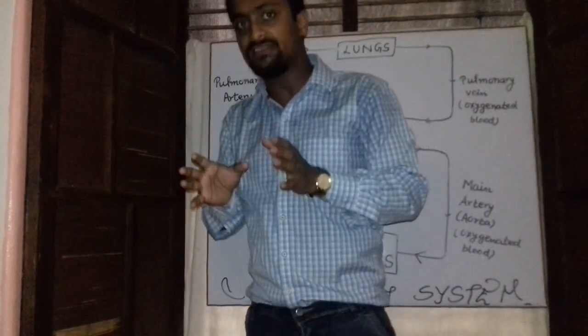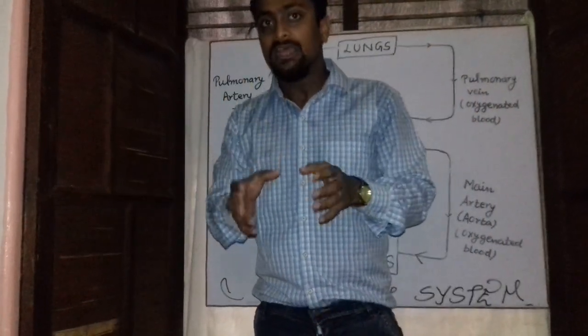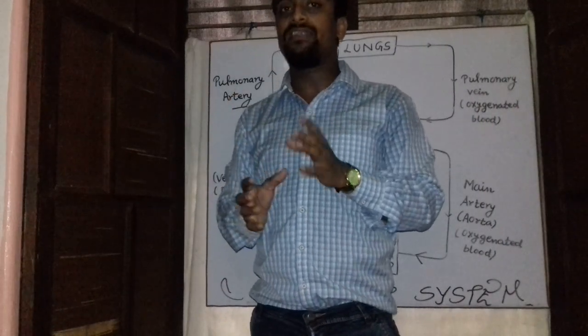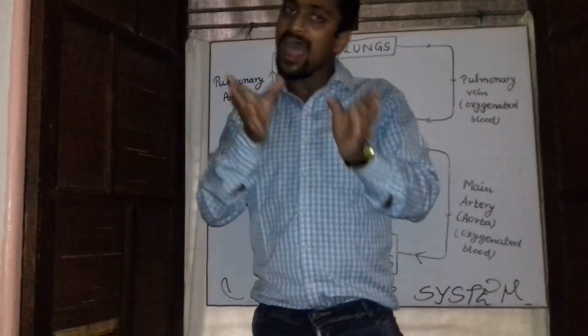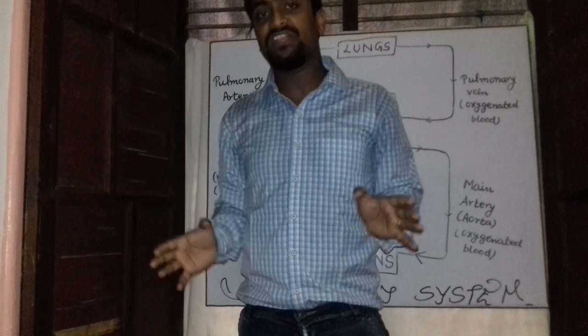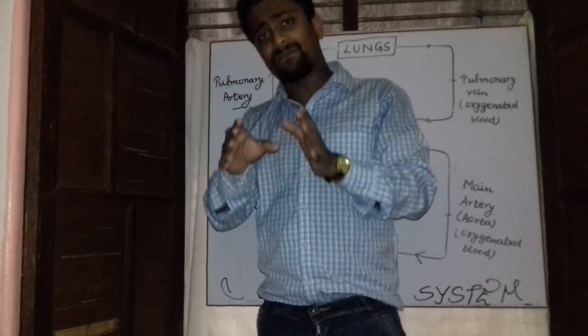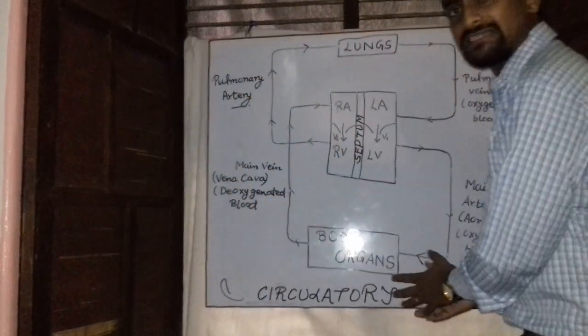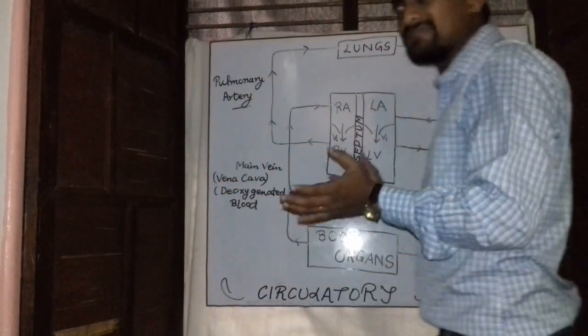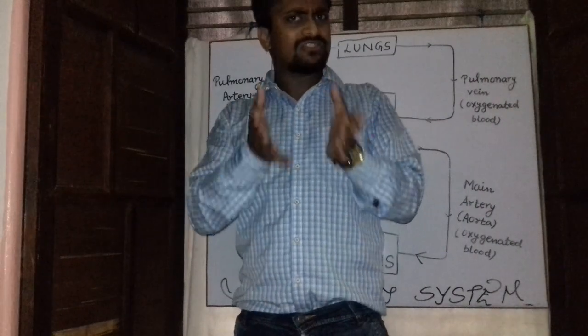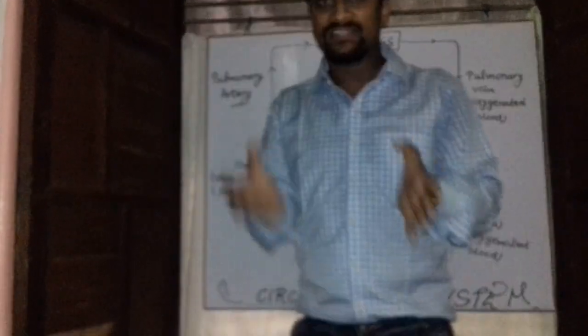After coming to the lungs, we know the lungs contain oxygen. Now this deoxygenated blood gets oxygenated again, and this process goes on again and again. This whole process of circulation is called double circulation. Why is the process of circulation in human beings called double circulation?